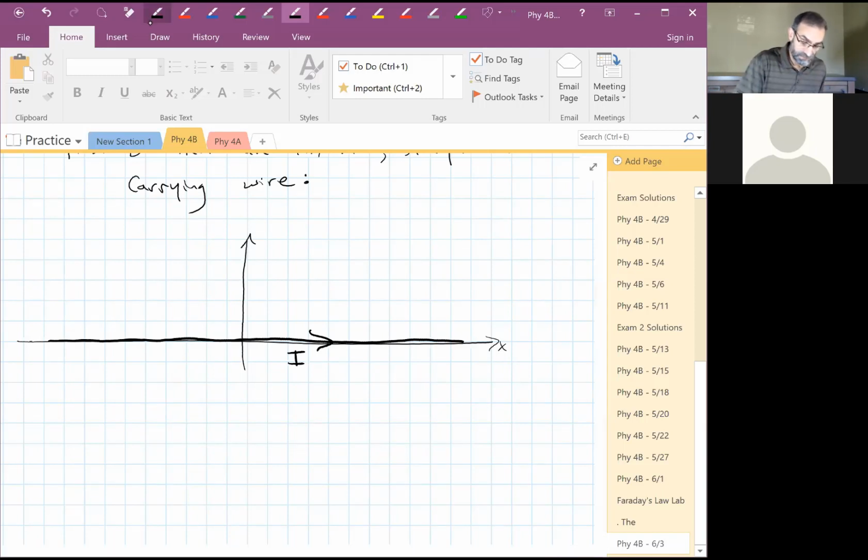And we want to find the magnetic field up here. We'll just pick a point on the y-axis, and let's call that capital R.